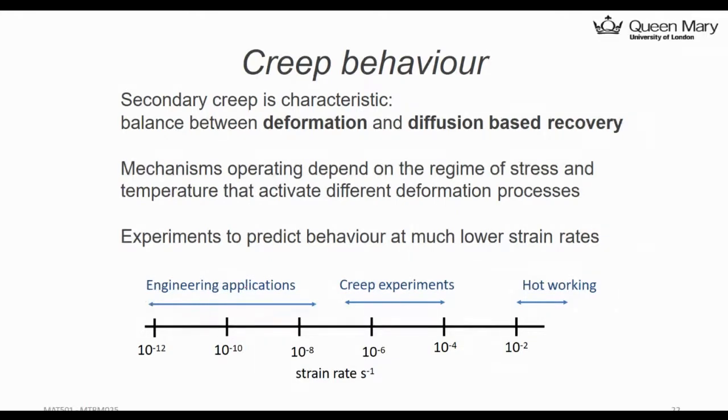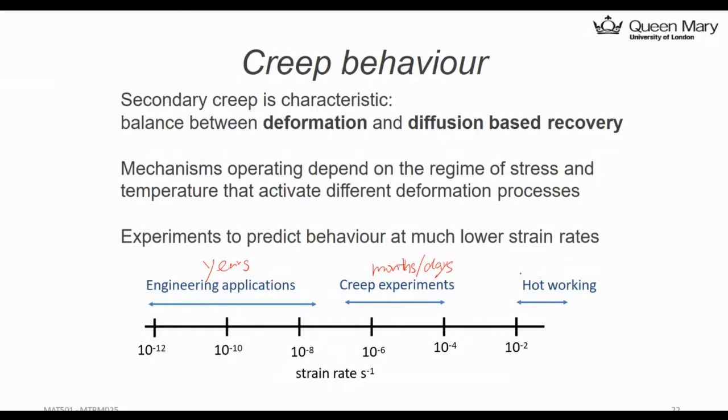So in engineering applications, we don't want too much strain rate, I mean creep strain rate. So that will have an almost infinite life, let's say several years. And if you're doing a creep experiment, you will accelerate your creep rate so that you can measure something within months, or days.